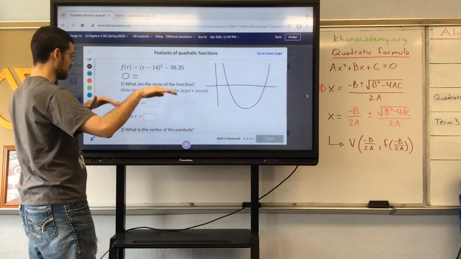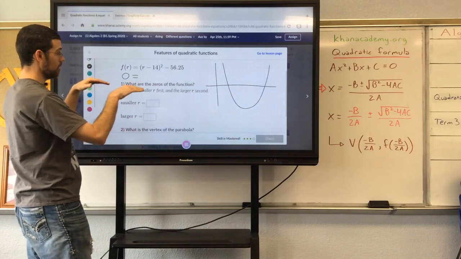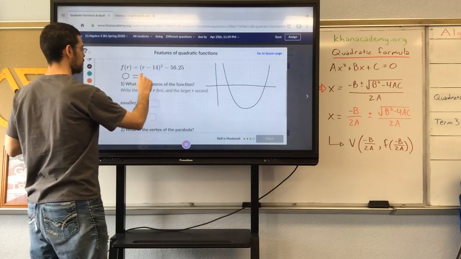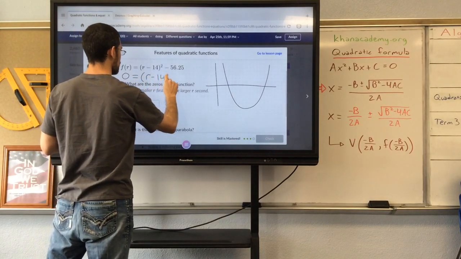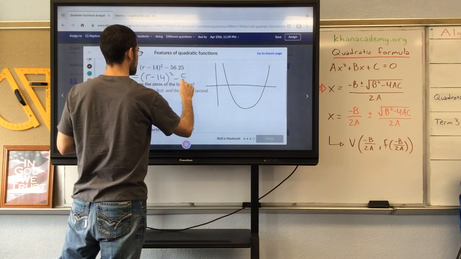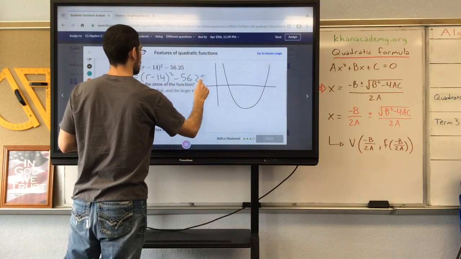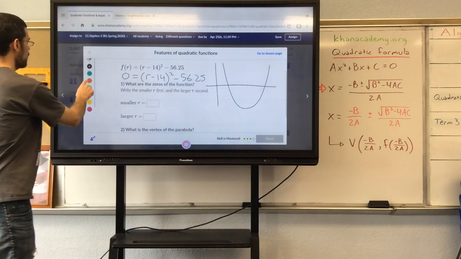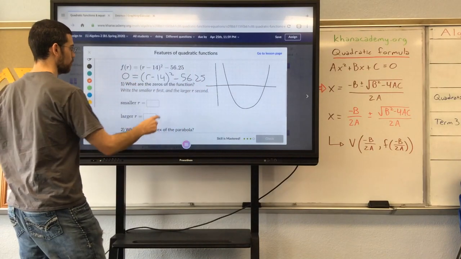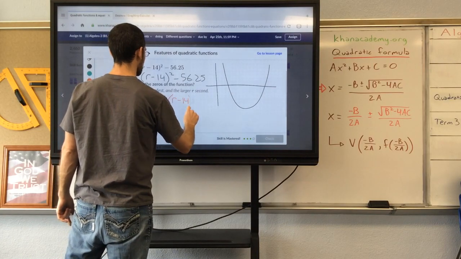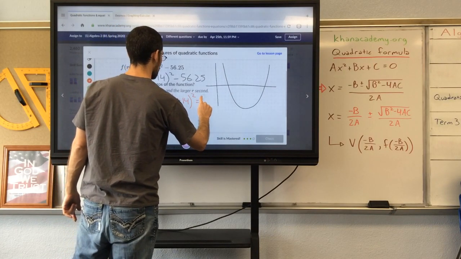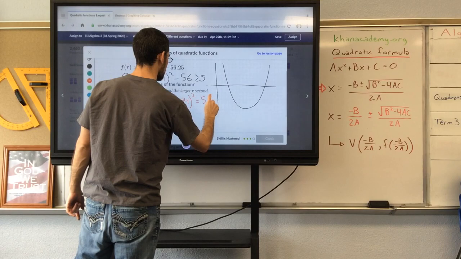That'll put us on the x-axis, which is where the function value is 0. So this is r minus 14 squared minus 56.25 equals 0. Now, we'll add 56.25 to both sides. That gives us r minus 14 squared equals 56.25.